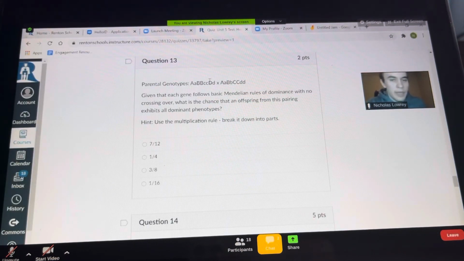In both B and C, you can't ever get two recessive alleles, because this one has a double dominant and this one has a double dominant. So you can ignore those, and that only leaves D, which when you do the cross for D gets you 1/2. And so 3/4 times 1/2 is going to be 3/8. And so that's the answer for that one.